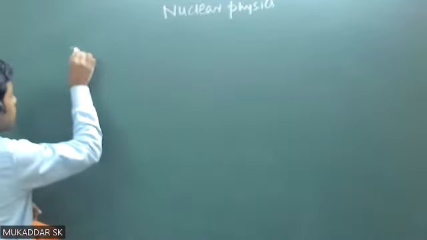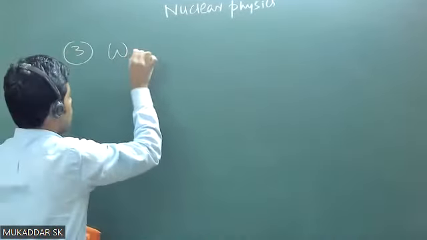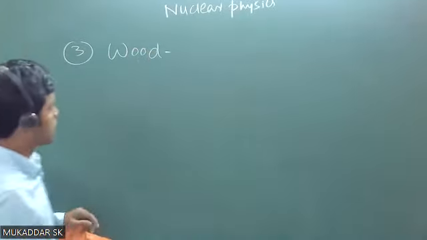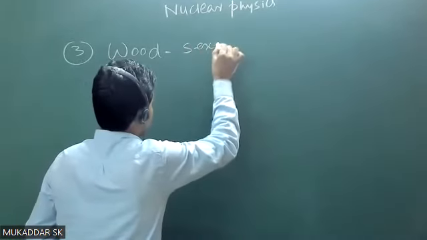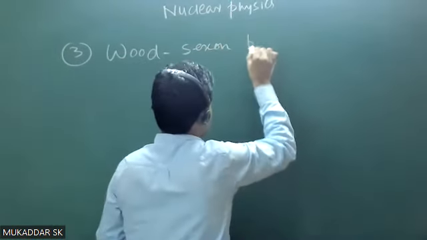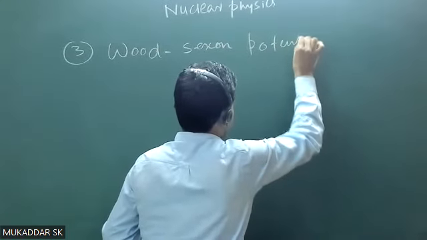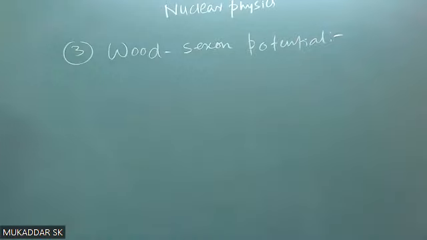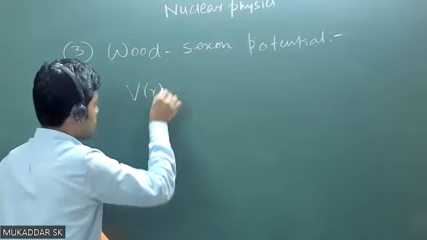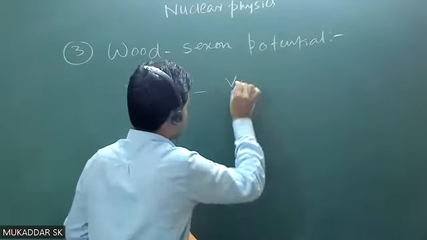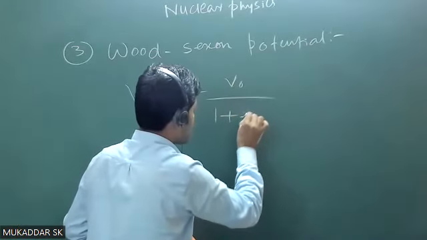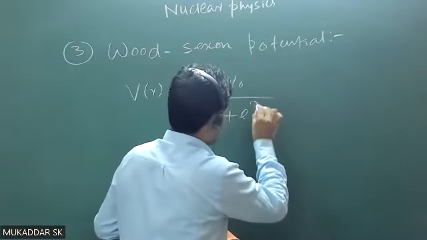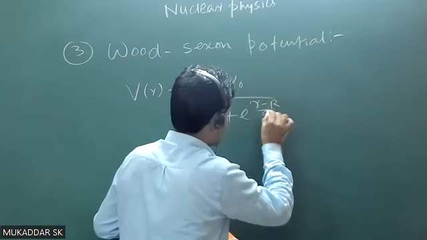Next is your Woods-Saxon potential. And that form of Woods-Saxon potential is V of r equals minus V naught divided by 1 plus exponential of (r minus R) by a.